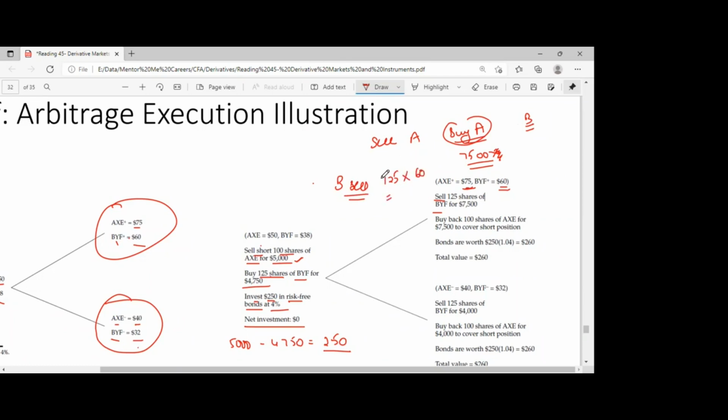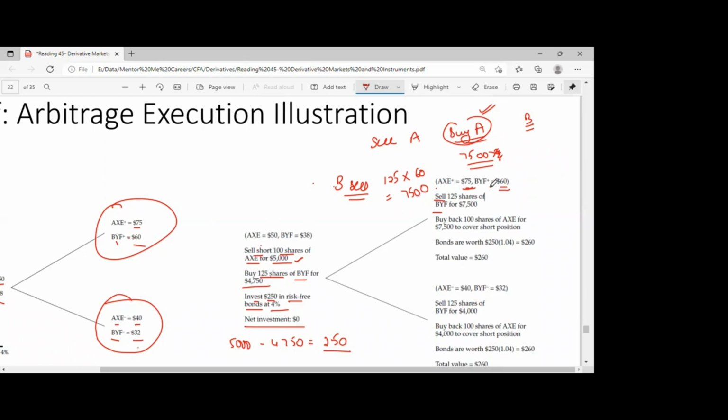How much do we get? 125 into 60? 7500. So we got 7500 from B company's sale, which we will be utilizing to buy back A company's shares in order to square off our short position that we had created on it.